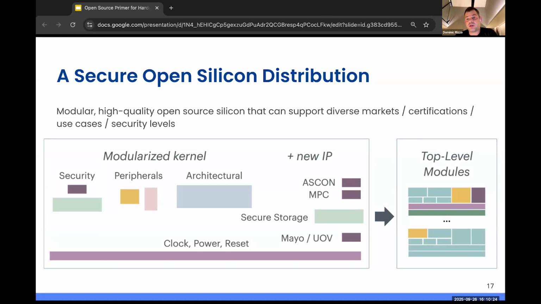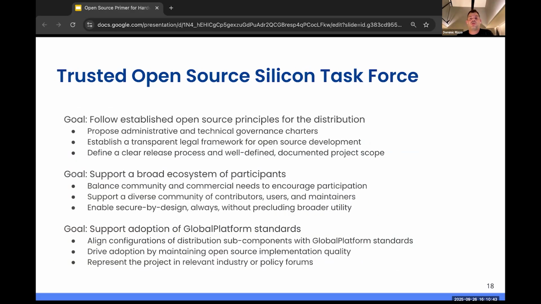So again, not one size fits all, but something that can really serve as a framework to assemble different modules, different subsystems that have different applicability to different use cases, different markets, and support the broadest set of ecosystem partners. So with the support of the Global Platform board of directors about 2 weeks ago, this Trusted Open Source Silicon Task Force was created.